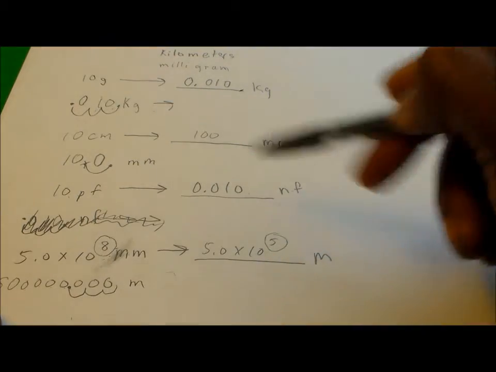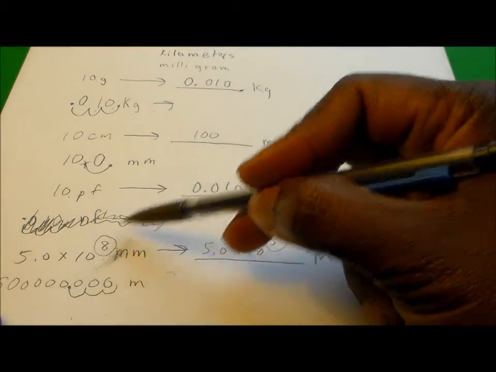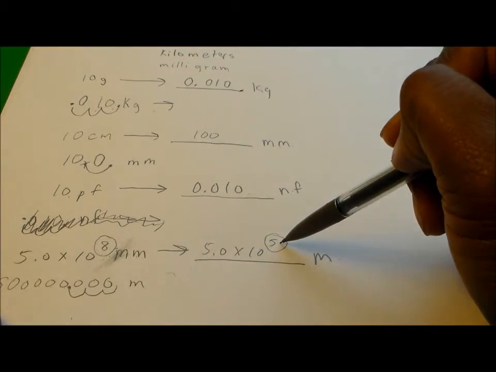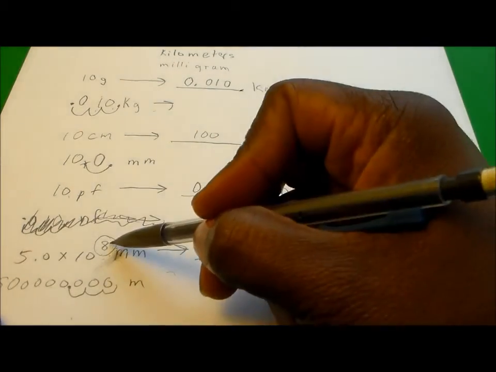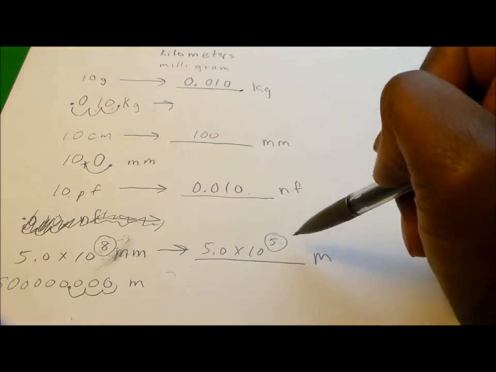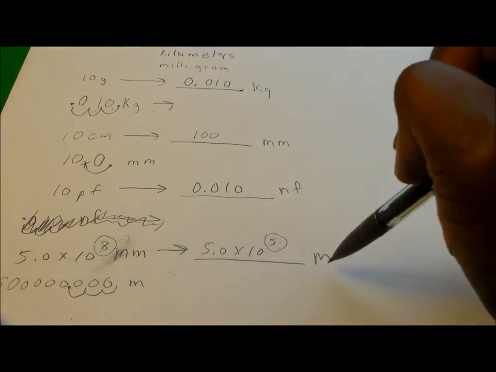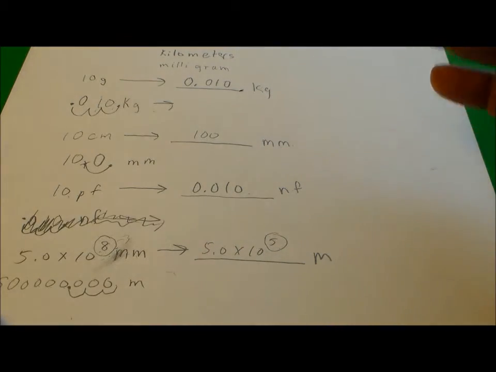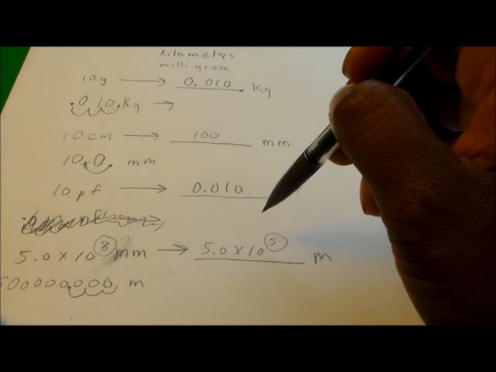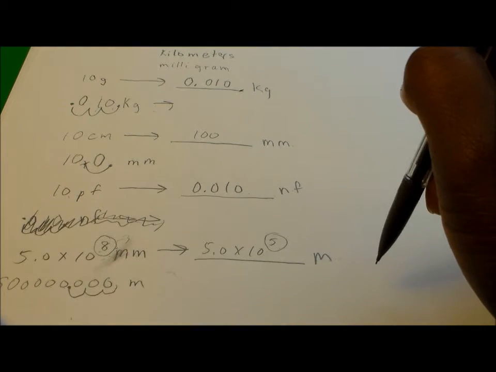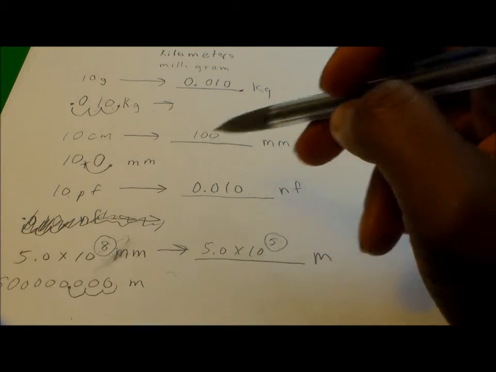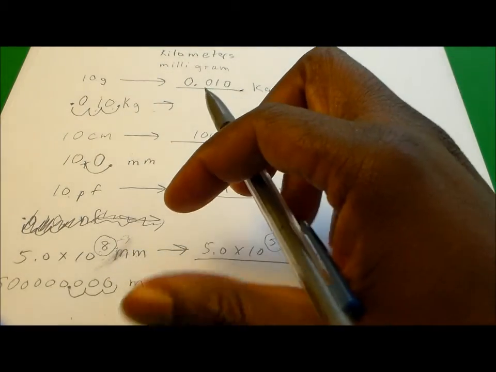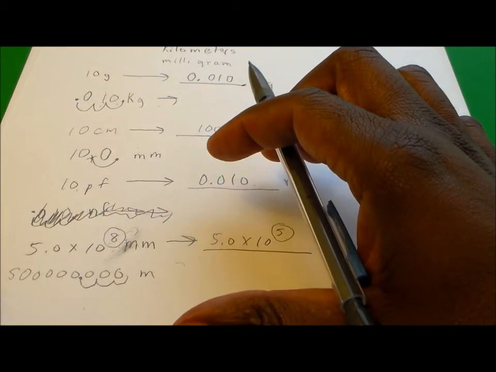We made 3 jumps to the left to get from millimeters to meters, so I can just subtract 3 from that 8, and that will give me times 10 to the 5th. So if we wanted to go to the right instead, meaning we have to jump towards the right, then what we'd be doing is adding 3.